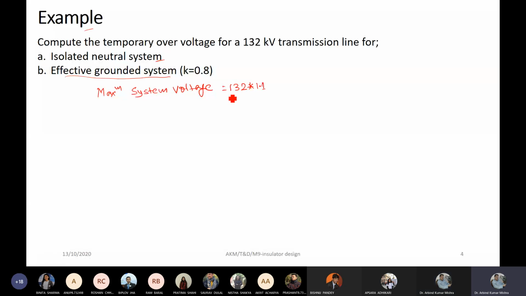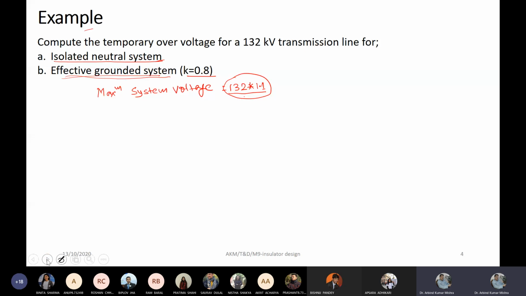For an isolated neutral system, this itself is the temporary overvoltage. Whereas for an effectively grounded system, just multiply this quantity by 0.8, and you will get the temporary overvoltage.